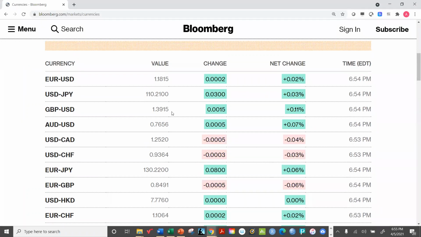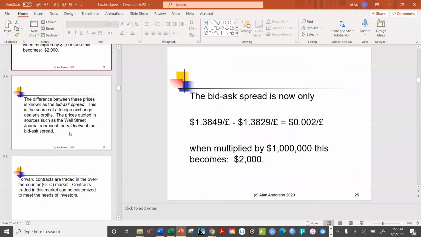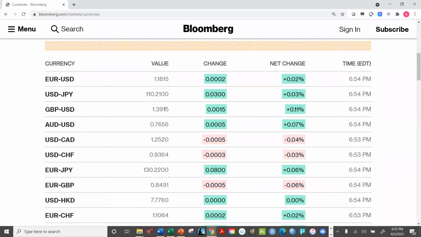That number is not the actual price at which you can make this trade. That is typically the midpoint of the bid and ask spread. In other words, there's a lower bid price and there's a higher ask price. This is in the middle. This is just there to give you an indication of how strong this currency is. So when you see a quote like that, it's typically just the midpoint of the bid-ask spread.